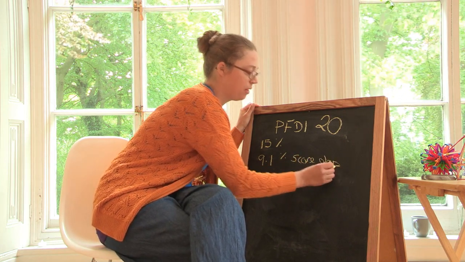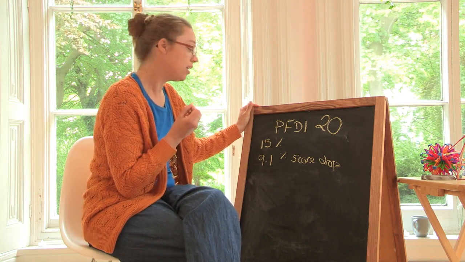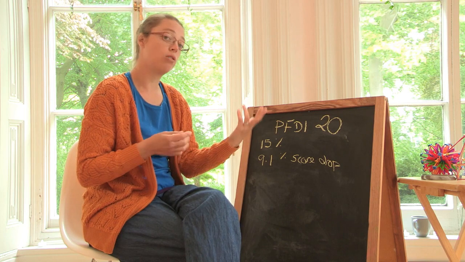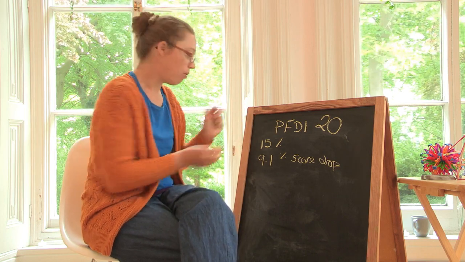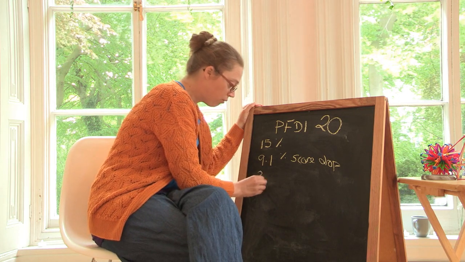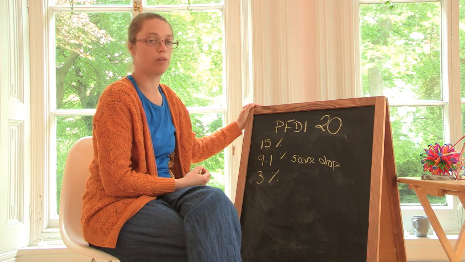Then we've got Dew et al.'s study from 2016, which compared advice only to advice and pelvic floor muscle training. And they found that the pelvic floor muscle training added 3% to the PFDI-20 score drop.